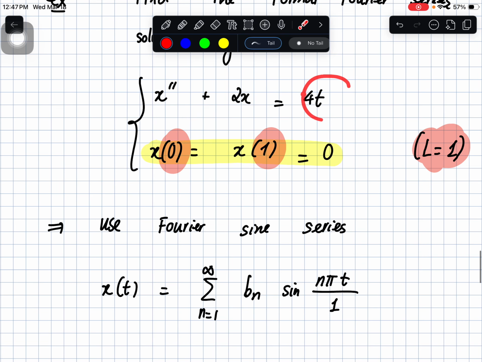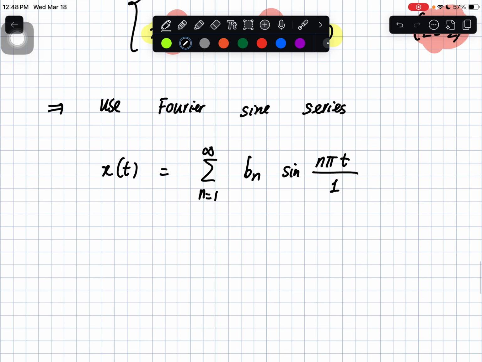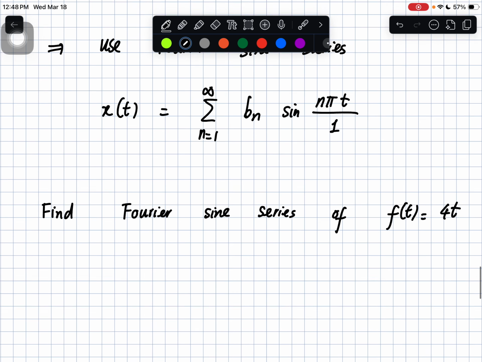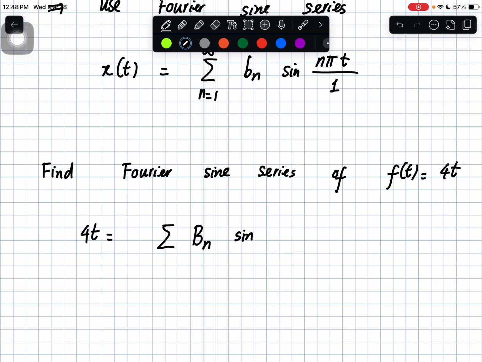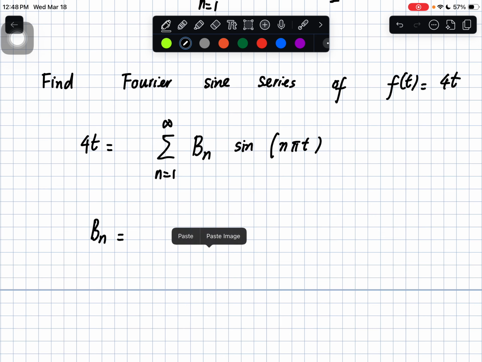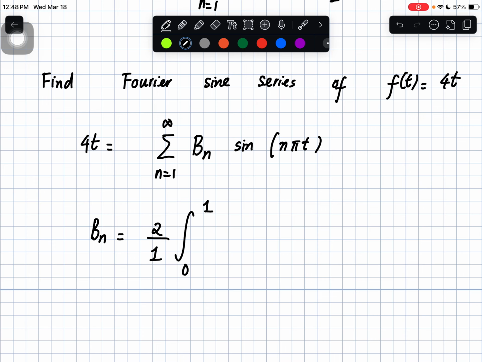Now we need to find the Fourier sine series of f(t) = 4t. So 4t equals the sum of Bn sine n pi t over 1, from n = 1 to infinity, where Bn is 2 over L, so 2 over 1, times the integral from 0 to 1 of f(t) = 4t times sine n pi t over 1 dt.